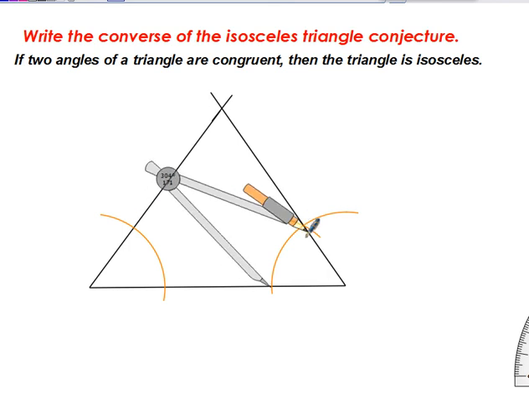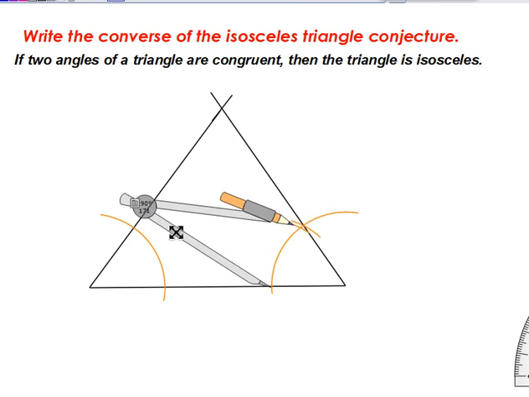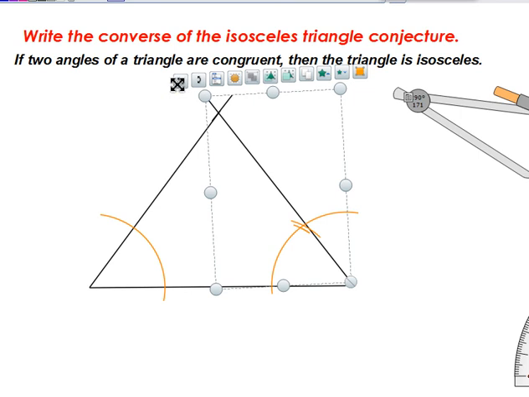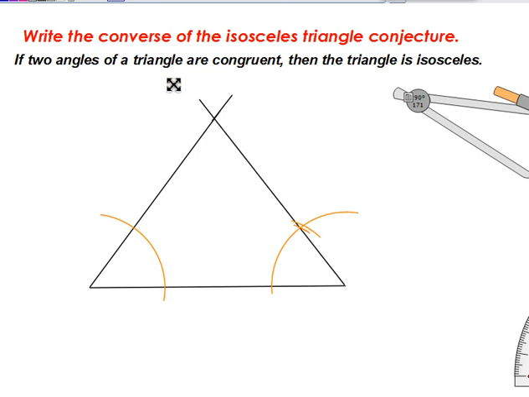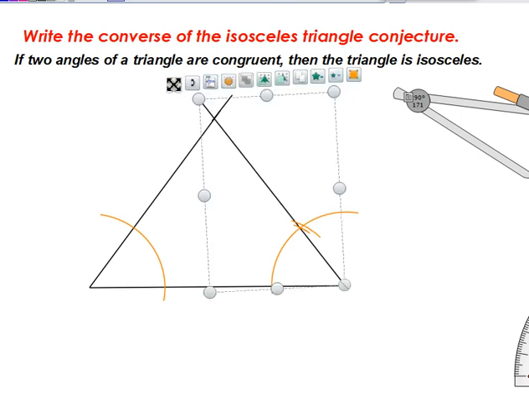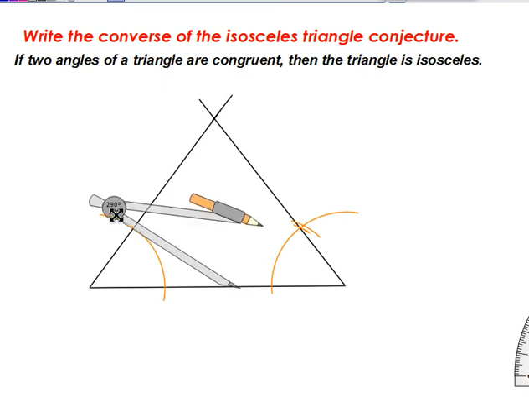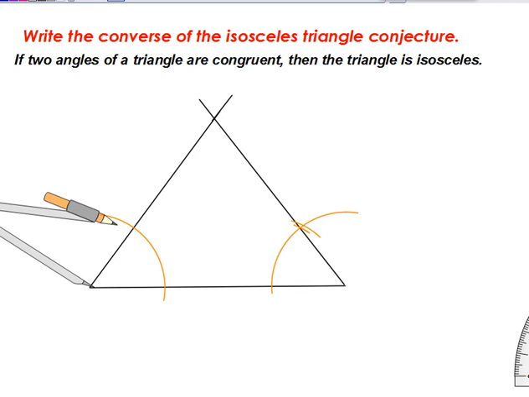Somehow my compass didn't work very well, or I didn't work very well with my compass. So that makes a big difference if I take my segment now and move it so it goes through that point and my vertex. I wonder if my two angles and my two sides opposite them will be congruent as well.